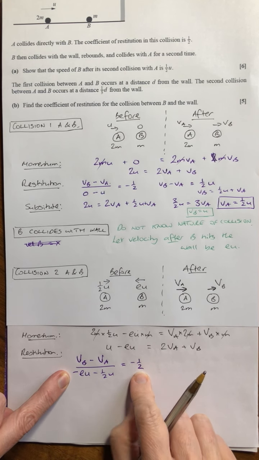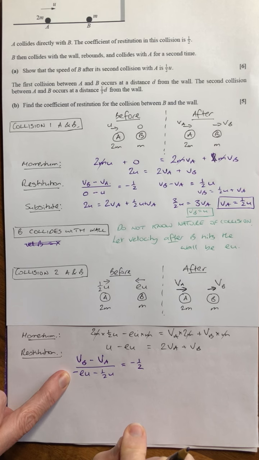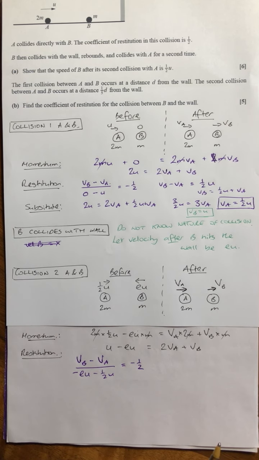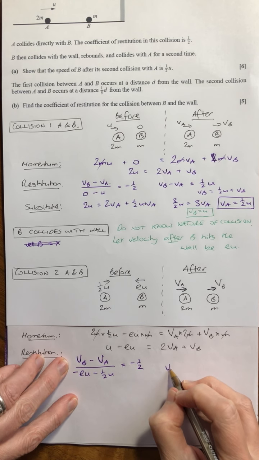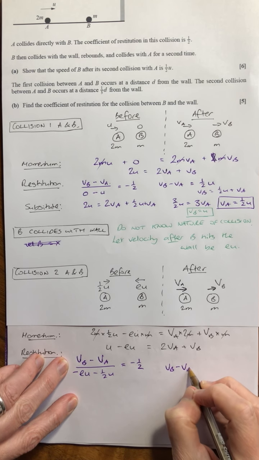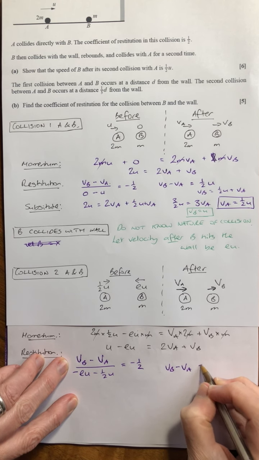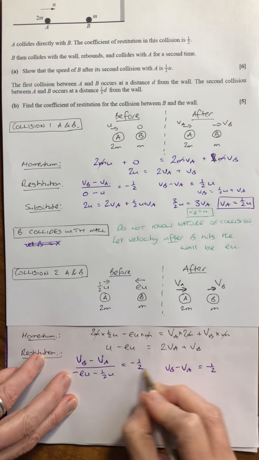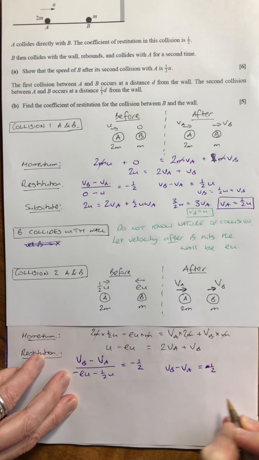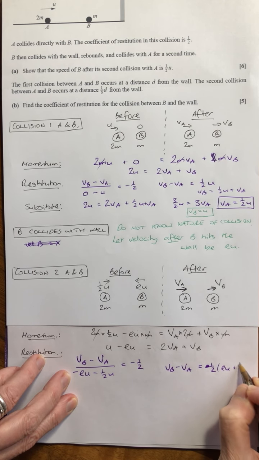So now I'm back to a collision between A and B. I know that the coefficient of restitution is equal to a half. So I have got VB minus VA is equal to negative a half times, well, should we just make all that positive? So that will be plus a half, and then I'll have EU plus a half U.